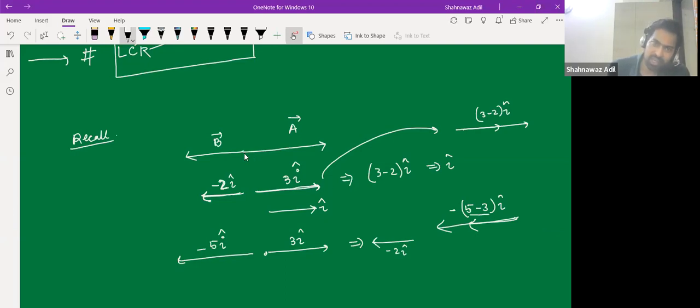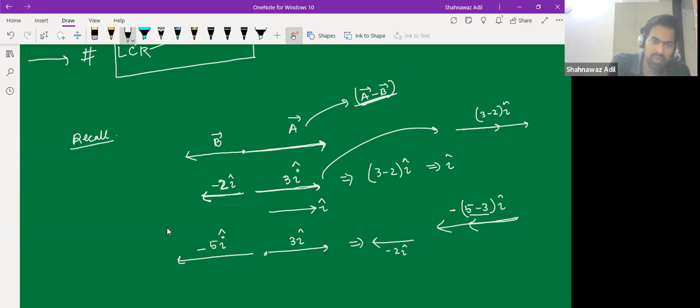So let's say that in this case, A is greater, so my resultant would be A minus B. Is this clear? Yes. Because this is in the negative direction, right?